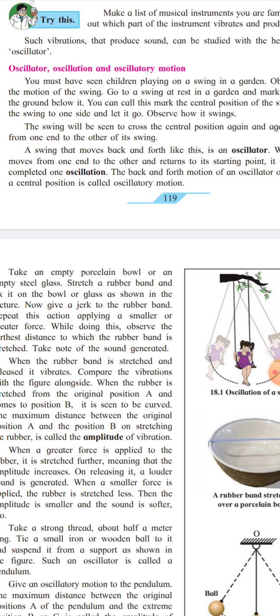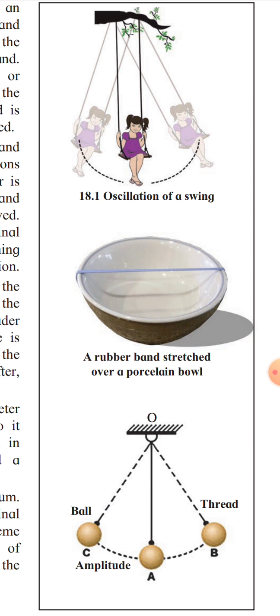When the swing moves from one end to the other end and returns to the starting point, it is said to have completed one oscillation. You might have observed diagram 18.1, oscillation of a swing. The back and forth motion of an oscillator on either side of the central position is called oscillatory motion.